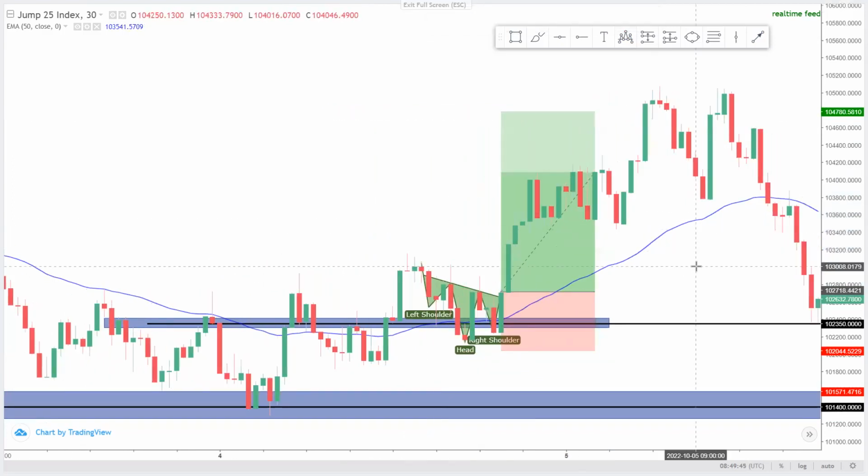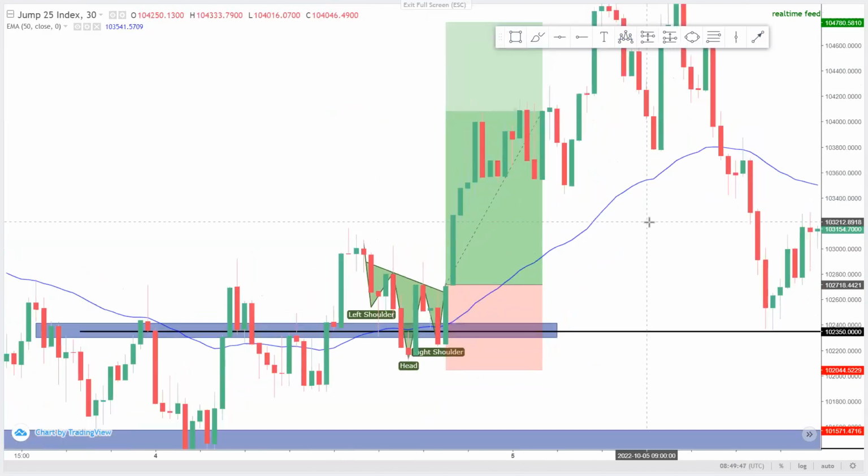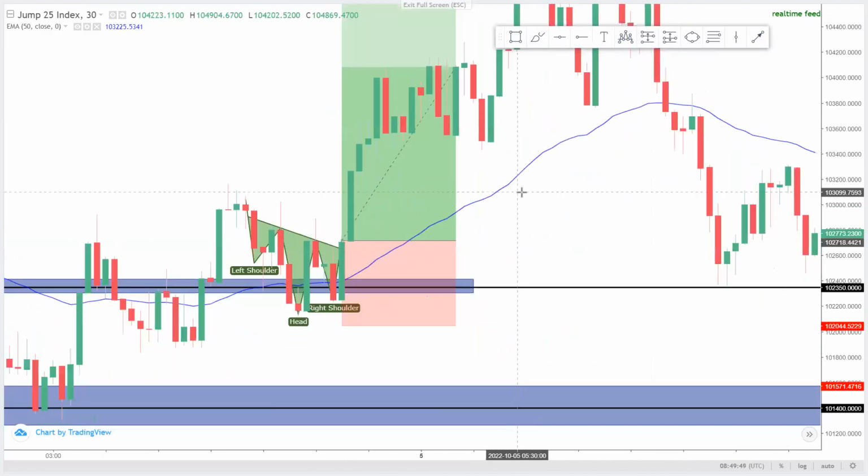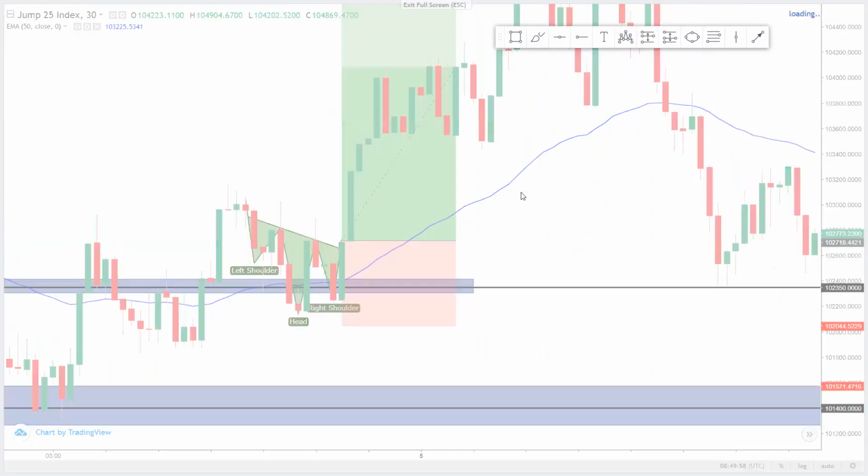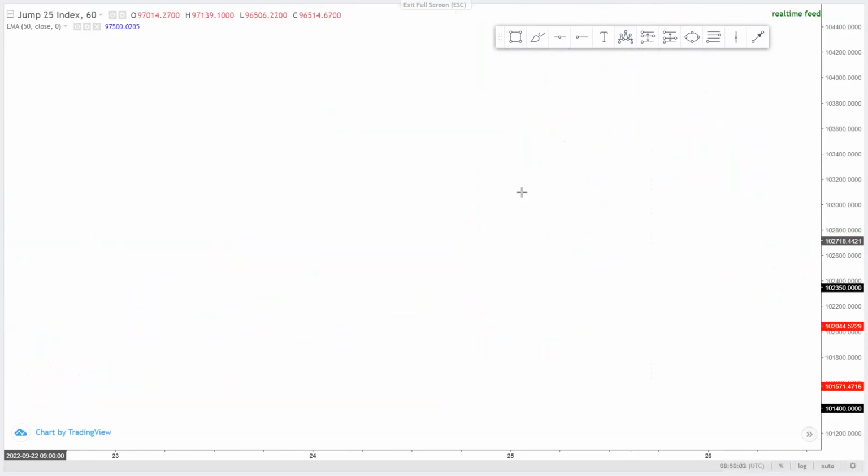So this is just a few case studies of how I make use of the head and shoulder pattern for trade entry confirmation. Guys, we don't trade just because there is a head and shoulder pattern forming on the charts. You've got to have the trend in your favor.